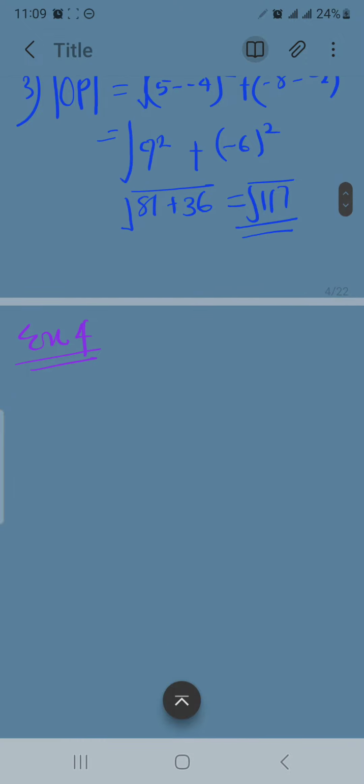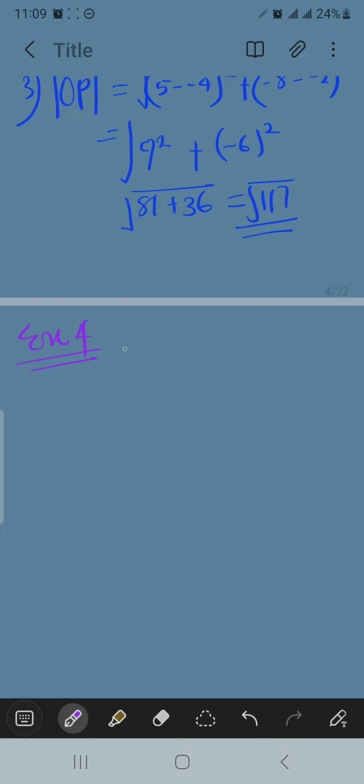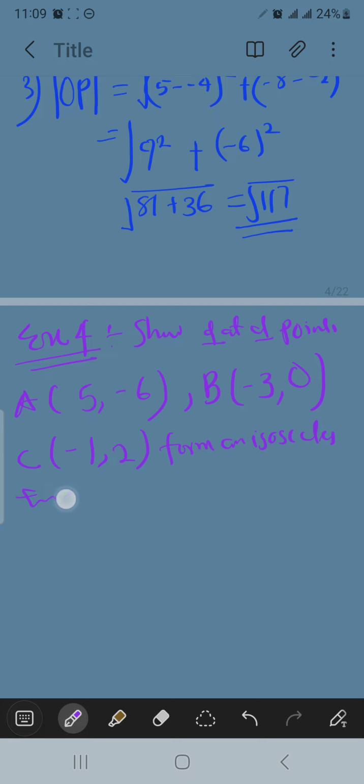They said that you should show that the point A (5, -6), B (-3, 0), C (-1, 2) form an isosceles triangle.